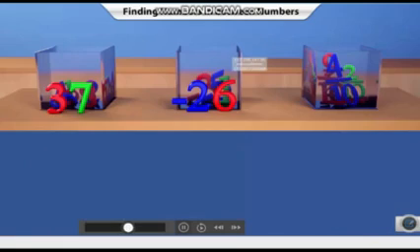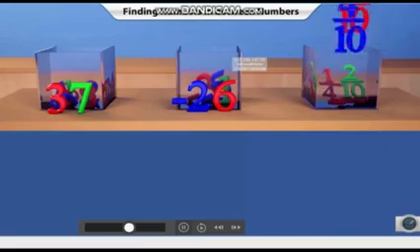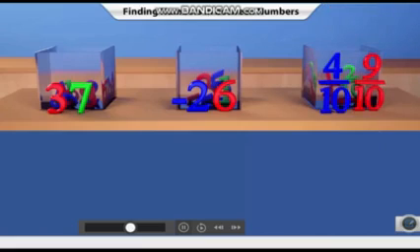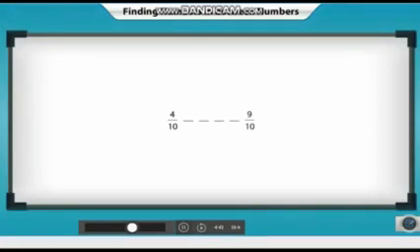Now we take out 2 rational numbers 4 by 10 and 9 by 10. Now can you guess the rational numbers between 4 by 10 and 9 by 10? Many of you might be thinking that there are 4 rational numbers: 5 by 10, 6 by 10, 7 by 10 and 8 by 10 between 4 by 10 and 9 by 10.